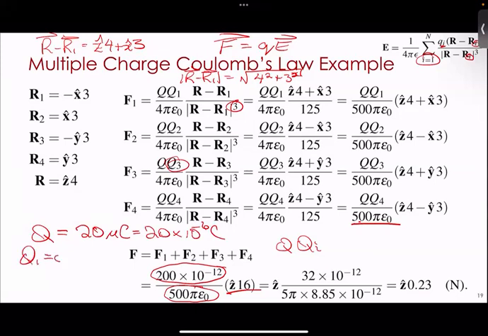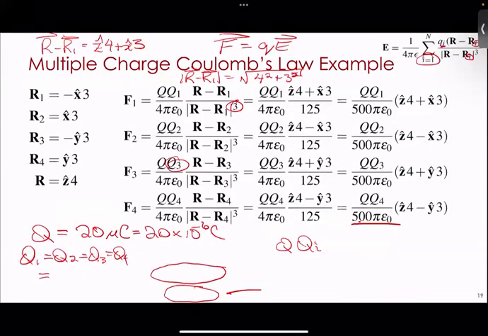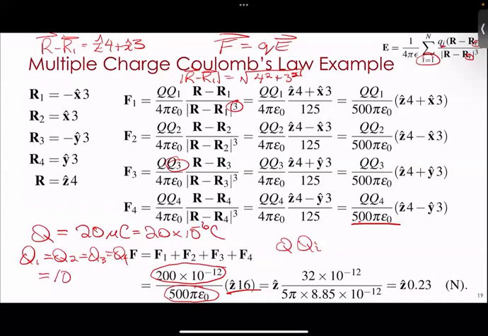I'll say Q1 equals Q2 equals Q3 equals Q4 equals the 10 microcoulombs. So we have 20 times 10 to the minus 6 times 10 times 10 to the minus 6. 20 times 10 is 200. 10 to the minus 6 times 10 to the minus 6 is 10 to the minus 12. So you end up with this, at which point you can just punch it into your calculator. End up with that.